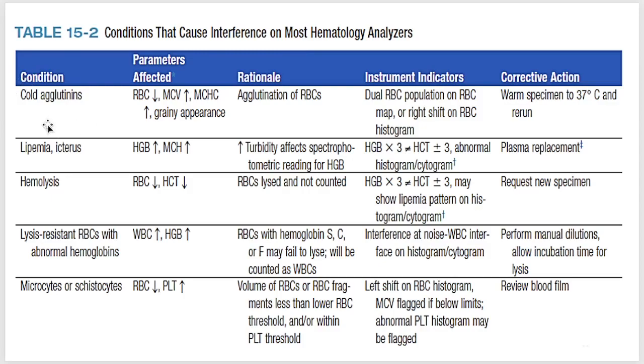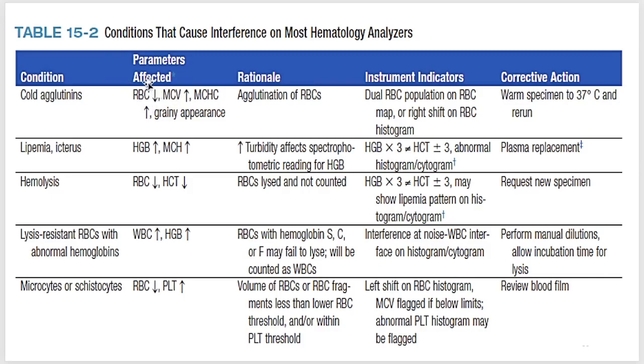First condition, we have your cold agglutinin. So ano yung effect pag meron tayong cold agglutinins? Of course, it is an agglutinin. Therefore, it will cause agglutination of your red blood cells. So mag-agglutinate, magkukumpul-kumpulan ang ating mga RBC. Therefore, pag magkukumpul-kumpul ang ating RBC, anong mangyayari?